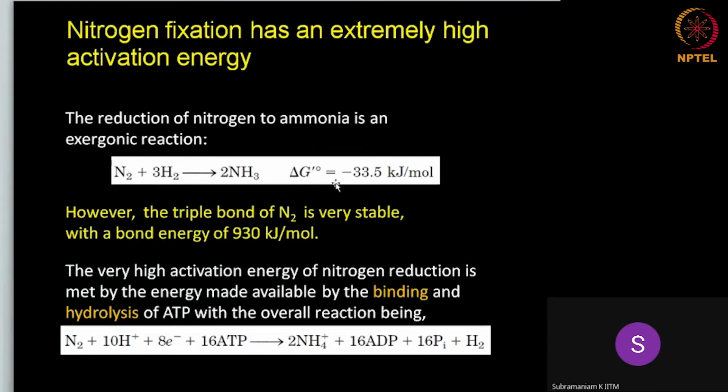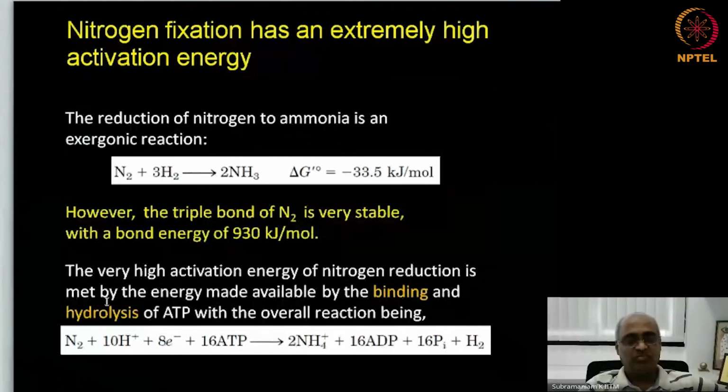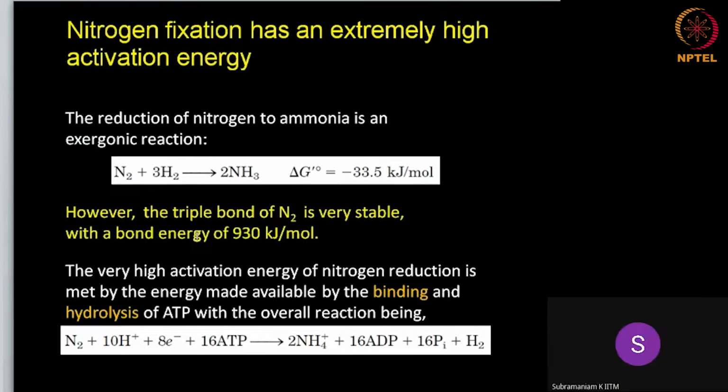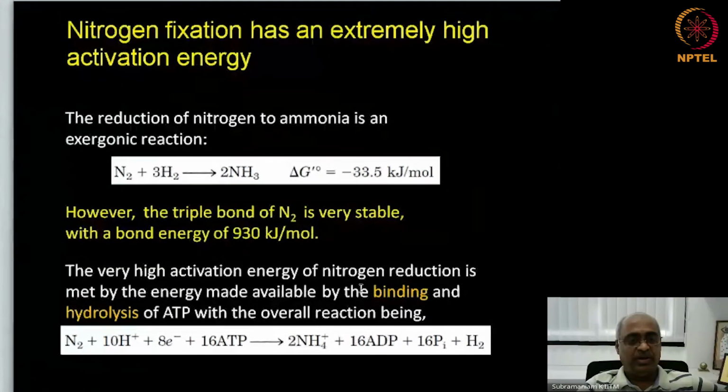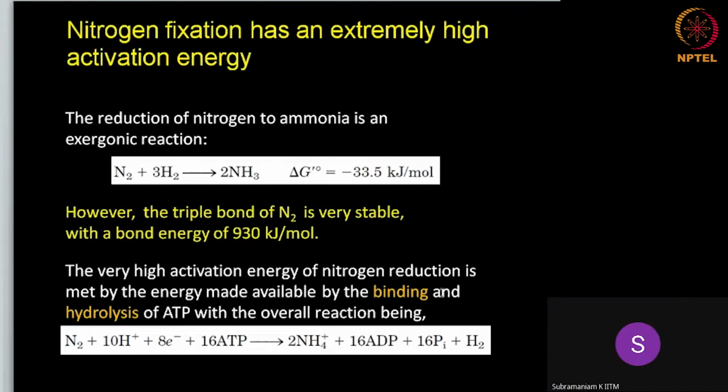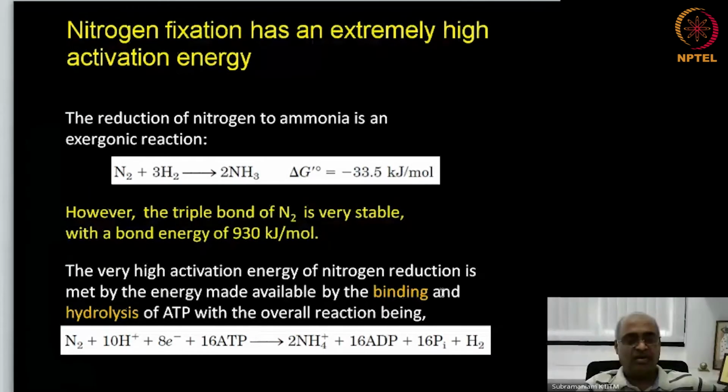And the enzyme nitrogenase, which we are going to see in a minute, manages to overcome this high activation energy barrier by binding of ATP. Okay, when the ATP binds the active site, the various non-covalent interactions that happen between the active site amino acid side chains and the ATP molecule provide a lot of binding energy there.